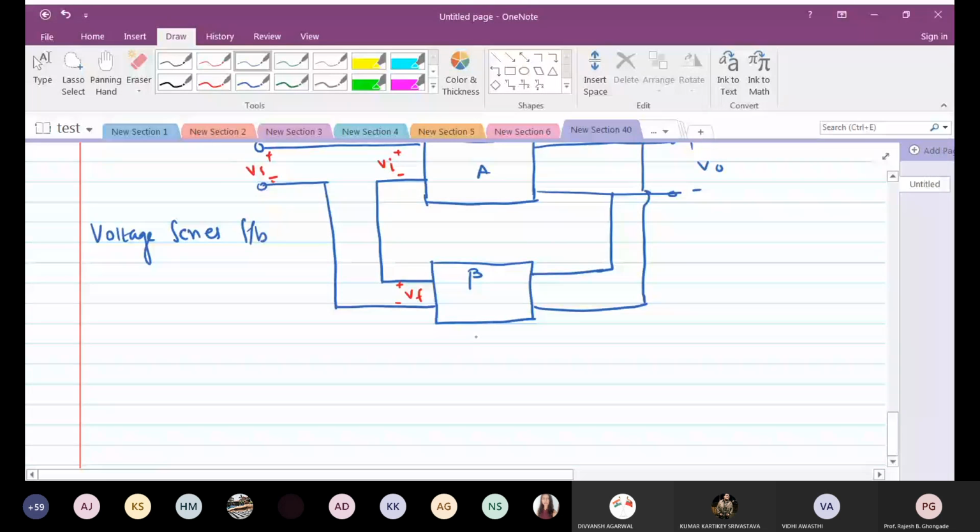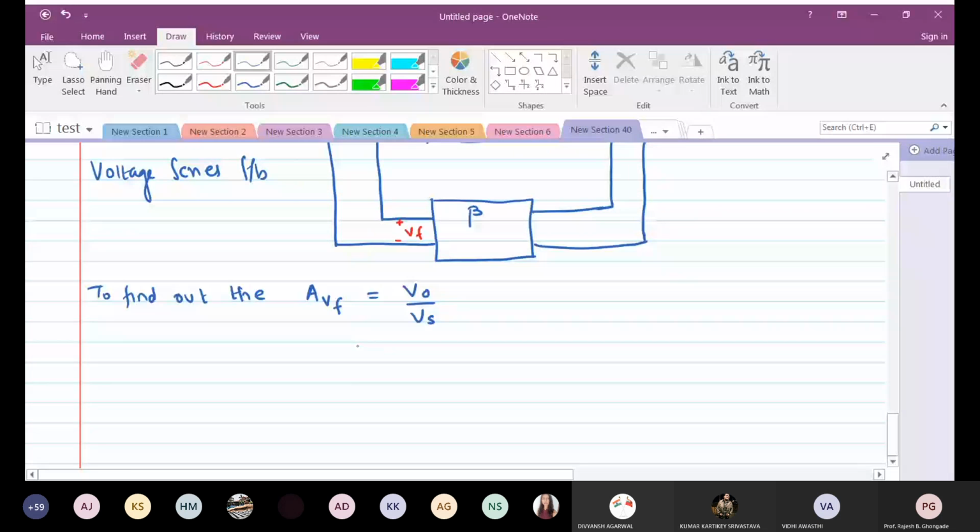Now our intention is to find out the overall voltage gain, AV. It is sometimes called AVF, that is voltage gain with feedback. Ultimately, it will be VO by VS. This is what we are interested in finding. Is that okay? Yes, sir. But what is VI?